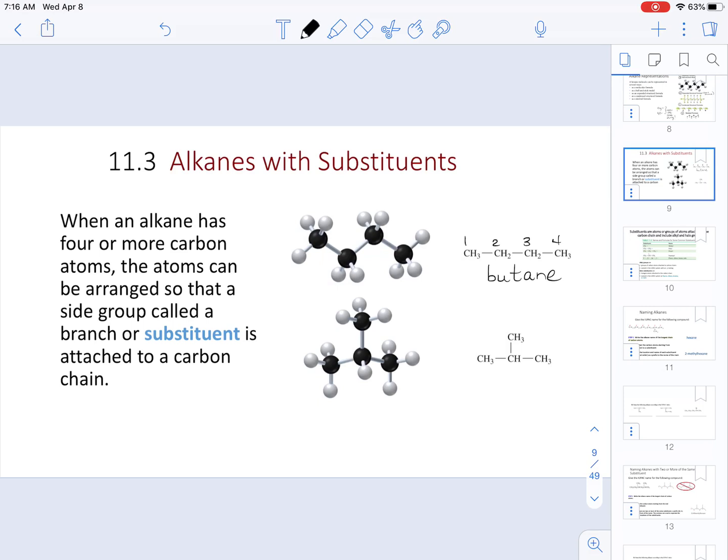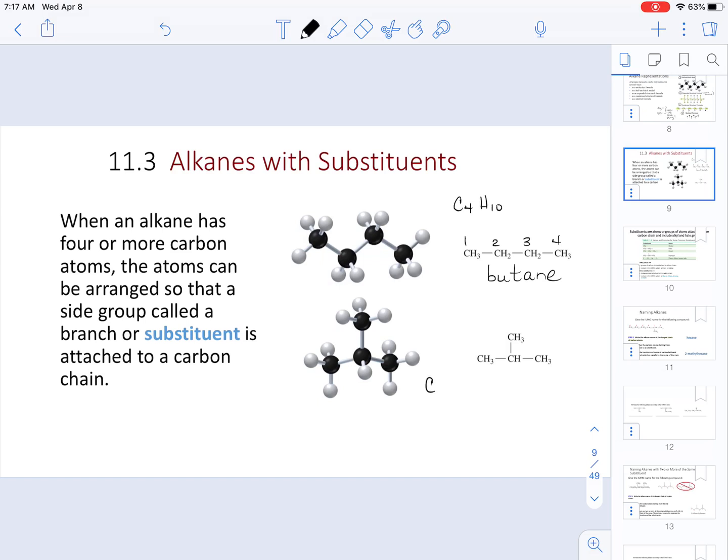Now, understand that if an alkane has 4 or more carbons, all those carbon atoms and hydrogens can be rearranged in different positions. So, for example, the molecule at the bottom is also an alkane. And it actually happens to have the same chemical formula as the molecule on top, meaning that they have 4 carbons and 10 hydrogens.